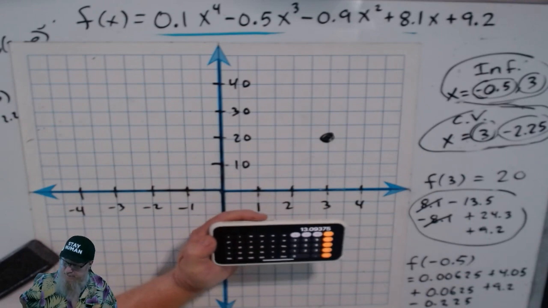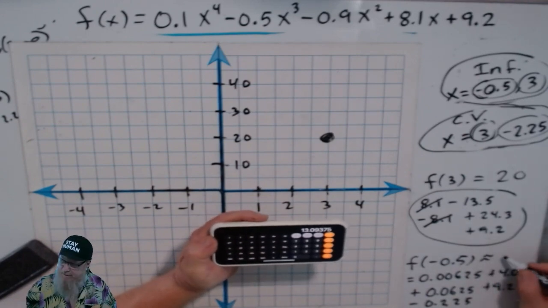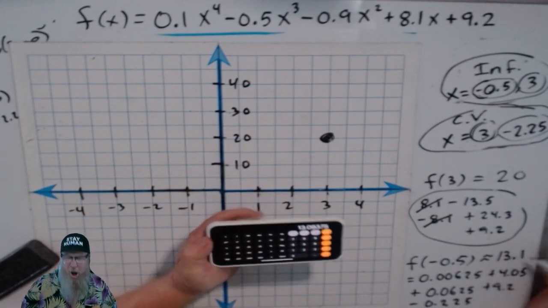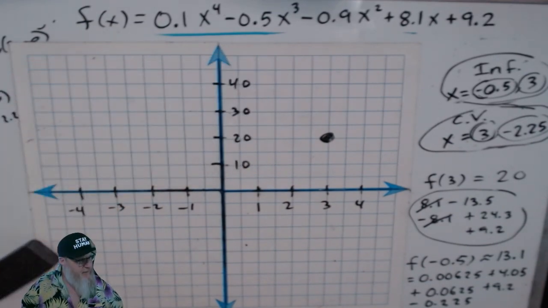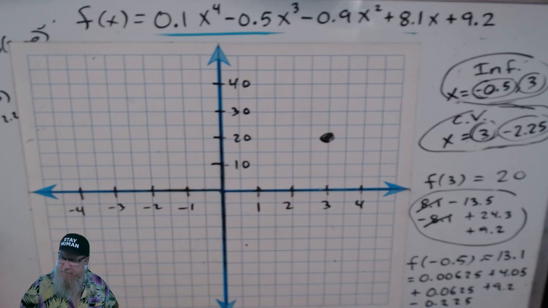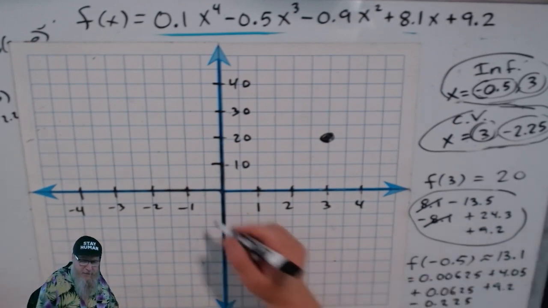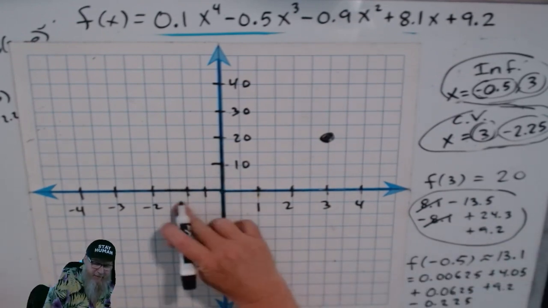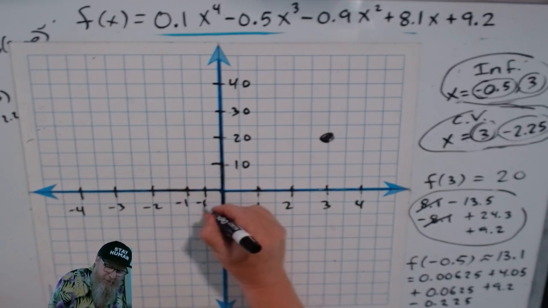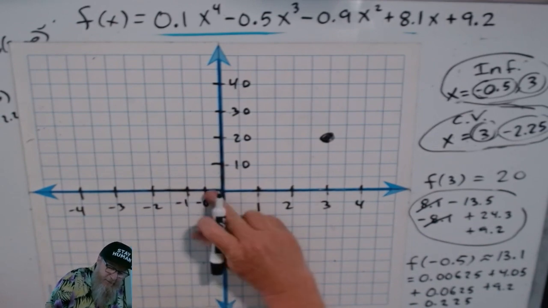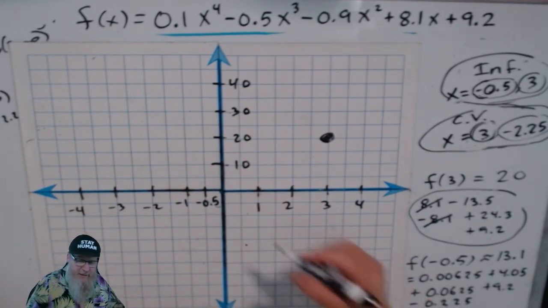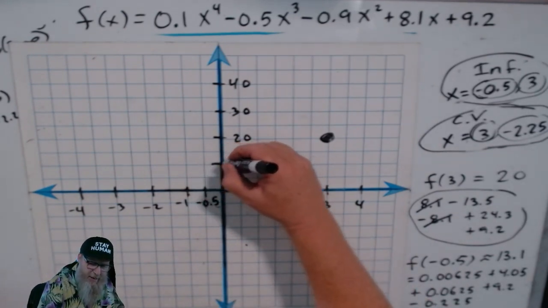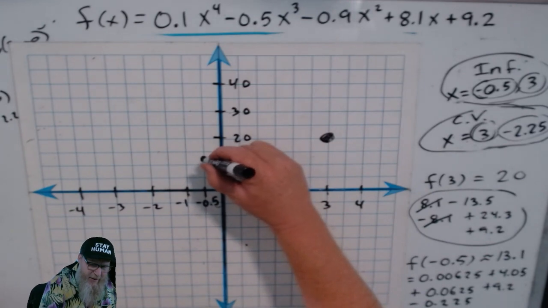Oh, I hope I didn't screw this up. So this is approximately 13.1. I'm just doing 1 decimal place. So that's going to be right here, negative 0.5, and then 13.1, which is right about there.